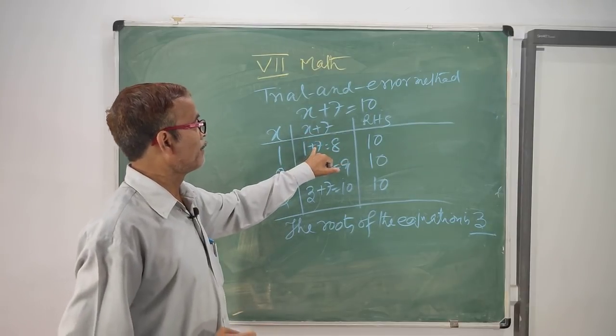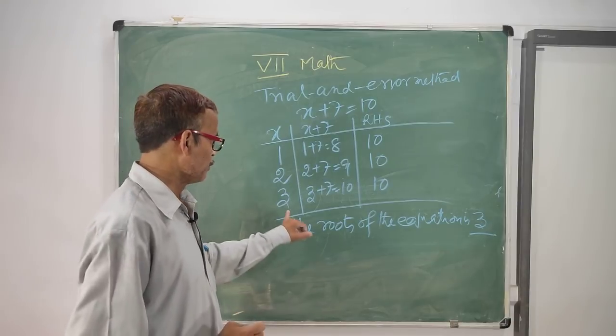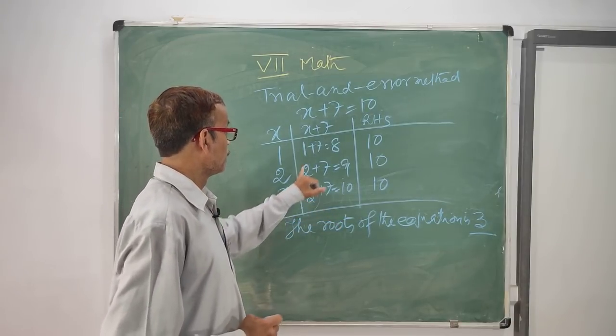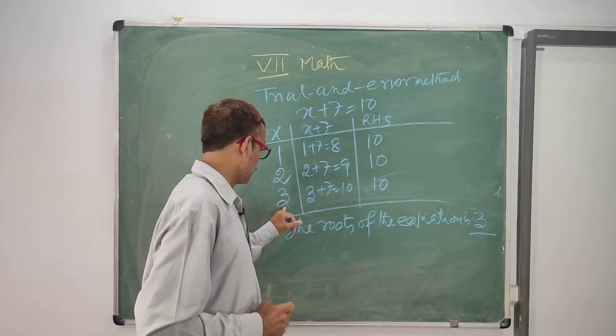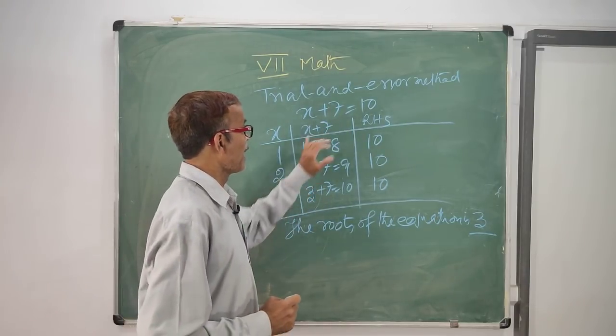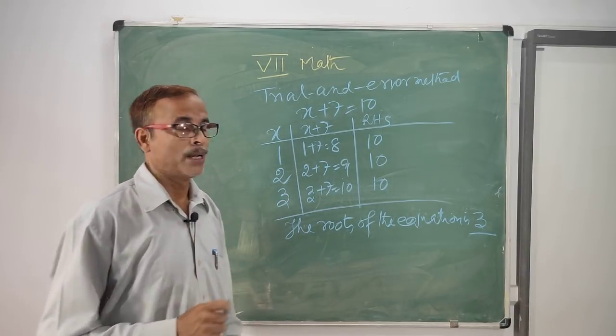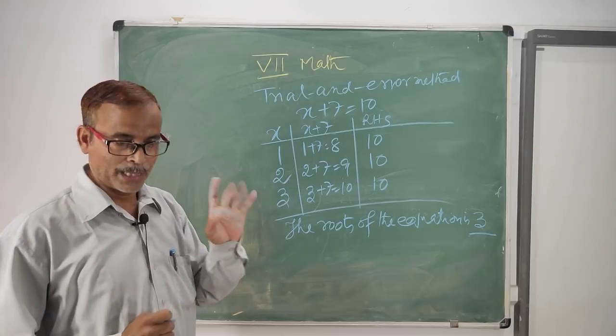When you get the value of left hand side and right hand side equal, then that value is the solution of the linear equation. As it is a linear equation, you will always get the value of the variable exactly 1.